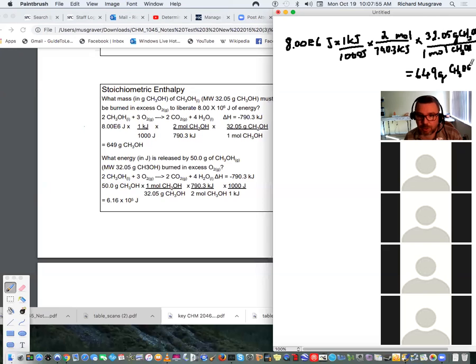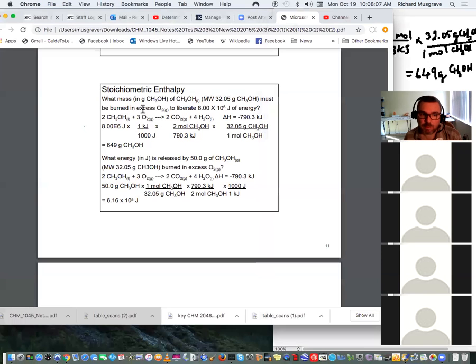Now, a common question people are going to have here is, what happened to the negative? Why did I take the negative out, because there's a negative in the problem? Well, it's a semantic one, because I look at the wording and said, what mass must be burned? If I leave the negative in there, it comes out to minus 649 grams, which would indicate that's how much methanol was lost.